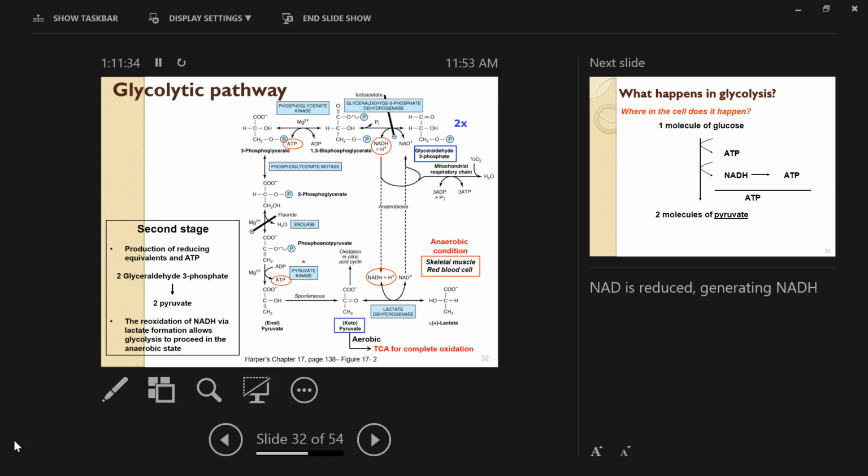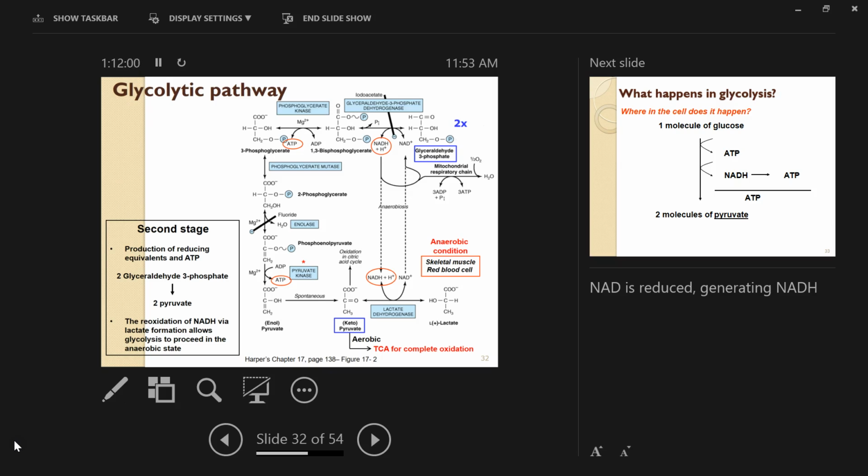Thinking about these cycles, and these cycles only occur under the anaerobic condition. So let's talk about the aerobic condition first. In the aerobic condition, how many NADH molecules are generated during glycolysis?